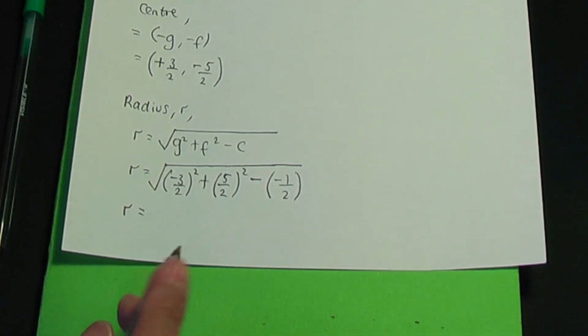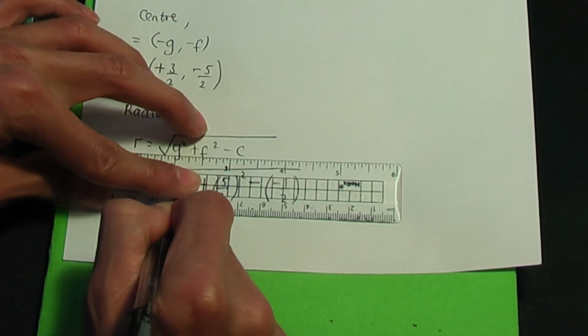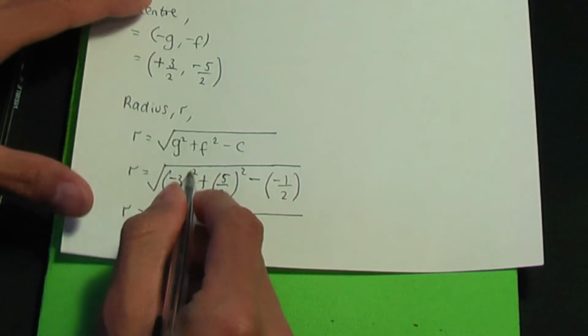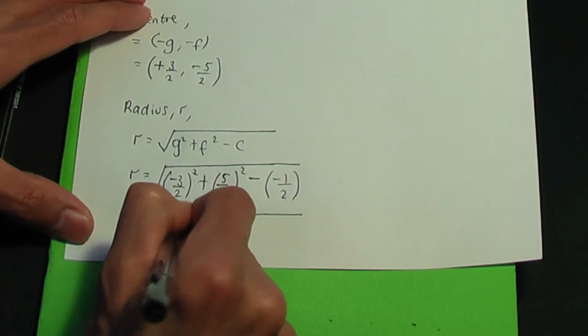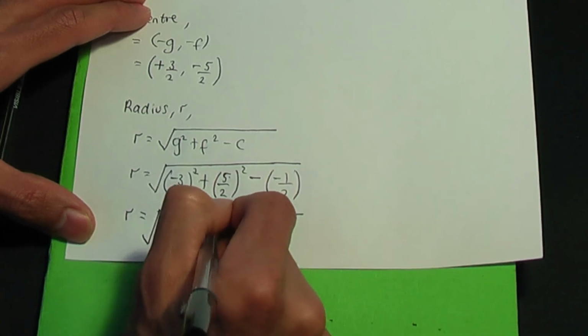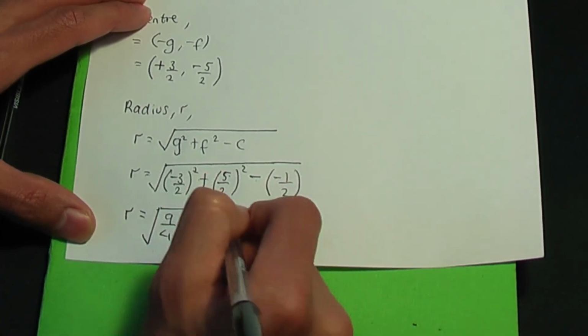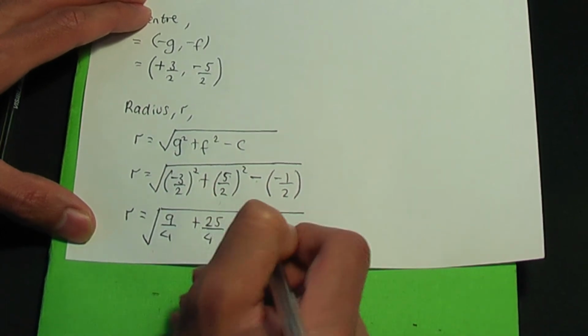If we calculate this, it's going to be the square root of minus 3 over 2 squared, which is 9 over 4, plus 5 over 2 squared, which is 25 over 4, and minus into minus is plus, so plus half.